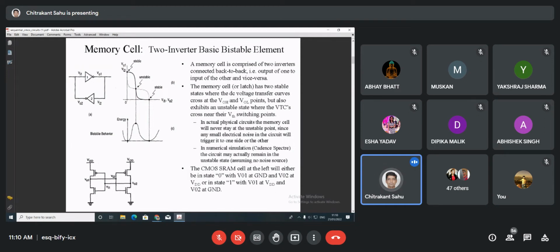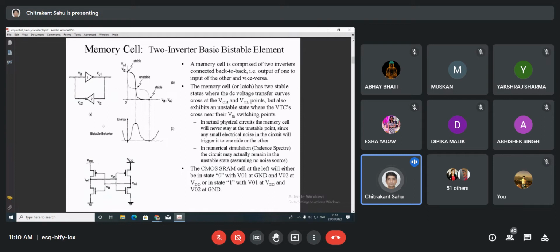One inverter's output is connected to the input of the other inverter, and in a similar fashion the other one also. If you want to make a CMOS diagram, this is the CMOS diagram you can see: inverters connected back to back, V output 1 is connected to V input 2, and V output 2 is connected to V input 1. So this is a gate-based representation, and this is a CMOS-based representation.